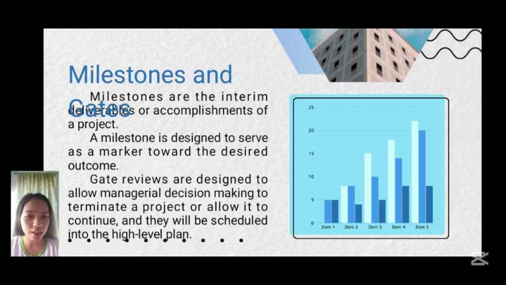Milestone three is the development of education materials, and the gate review is to review and test the materials. And the last milestone is number four, the pilot testing and evaluation. The gate review is to assess and evaluate the project.